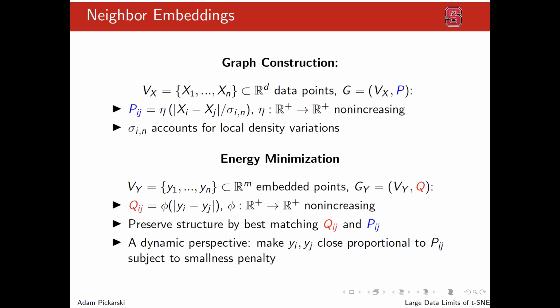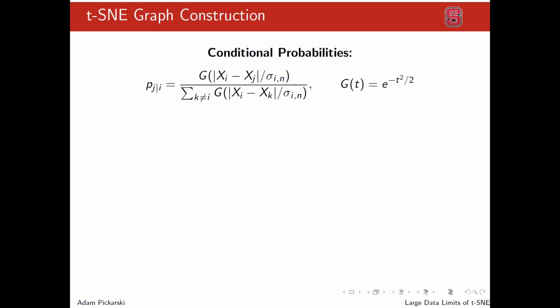All right. So now if we turn our attention back to actual t-SNE, the graph construction for t-SNE is a little complicated and a bit convoluted, but ultimately what they're doing is taking a Gibbs distribution over a particular point to all its neighbors. These are Gaussians.